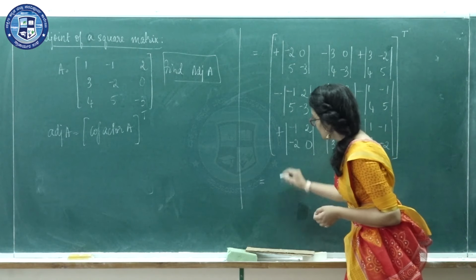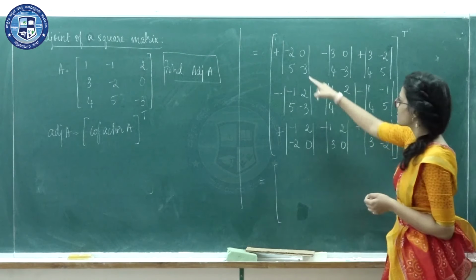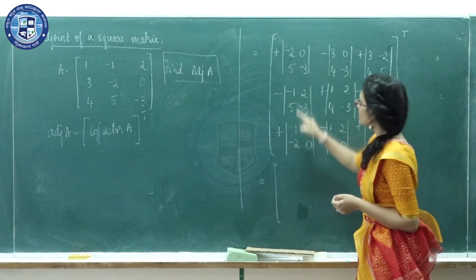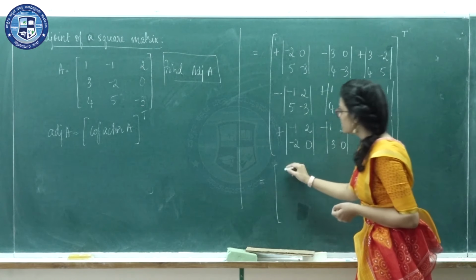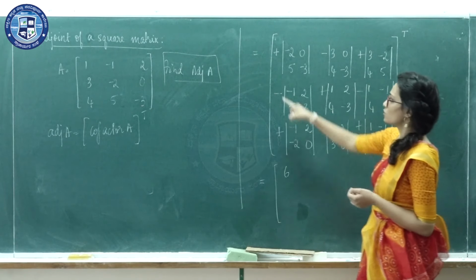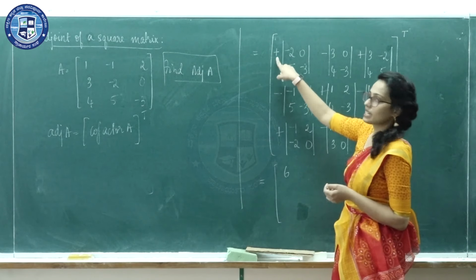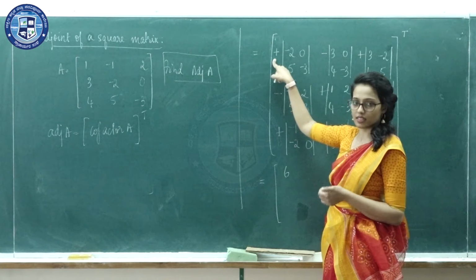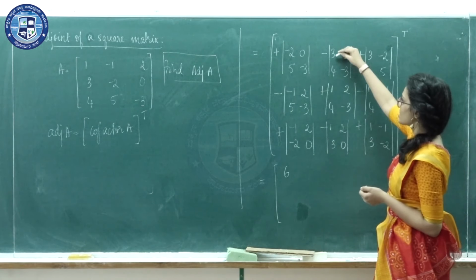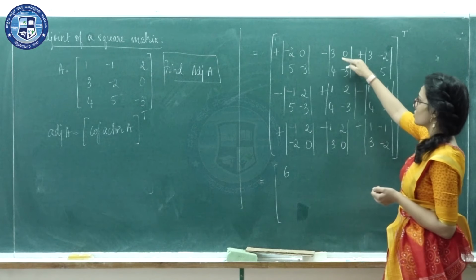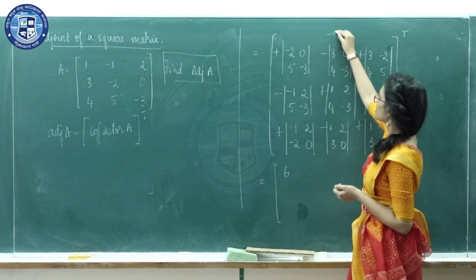Okay. So now let's find the values of these determinants and then we will get our cofactor matrix and hence the adjoint. So this is equal to, we have minus 2 into minus 3 is plus 6, minus 0 is 6. Now don't forget to multiply the sign that is outside the determinant with whatever answer you get over here. In this case, 3 into minus 3 is minus 9.